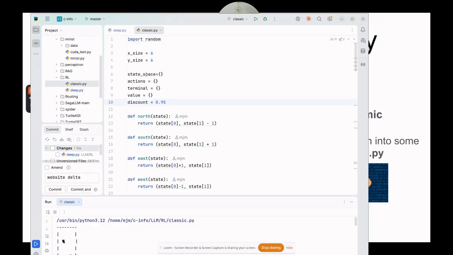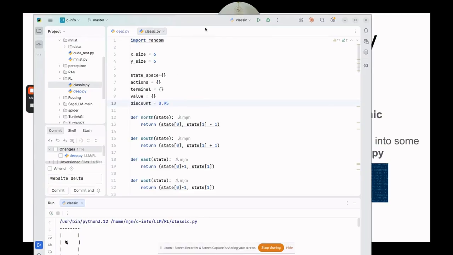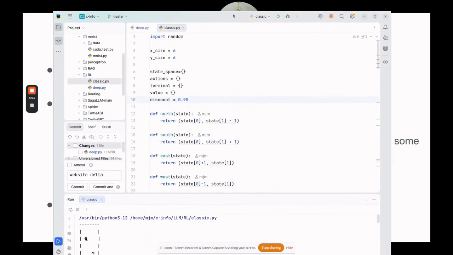We're going to use a dictionary, so that we can reach the state space by using the x and the y as the key. We're going to fill up the state space. These are the actions you can take at different states, the terminal, and then the value, which is what we're going to compute.